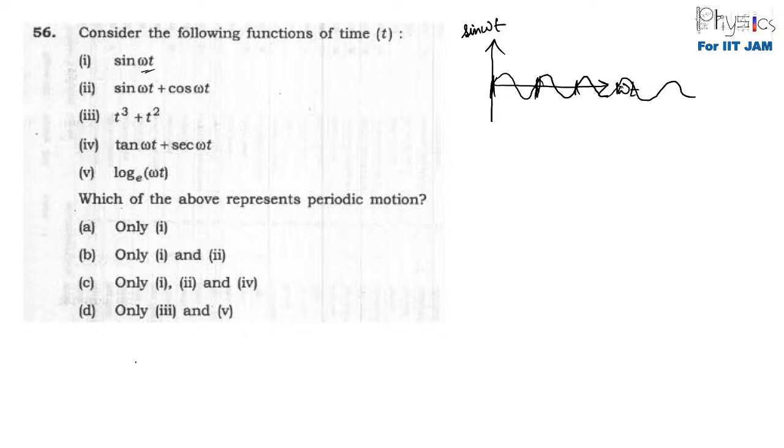Okay, hi Molaya. Your answer is option A, that is only sine omega t. Is it so? Only sine omega t is periodic motion? I think I should show you something.